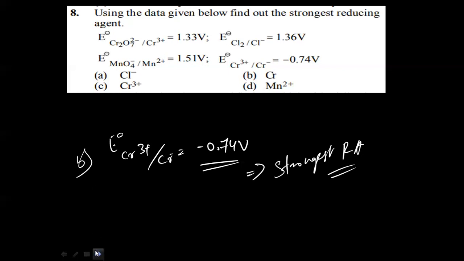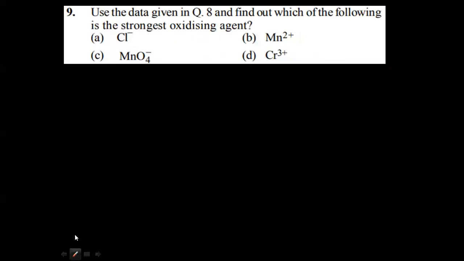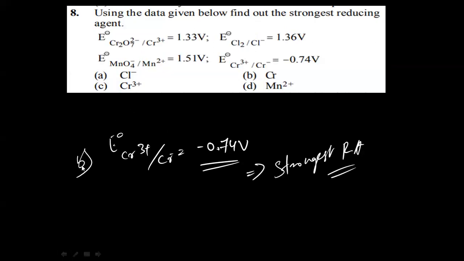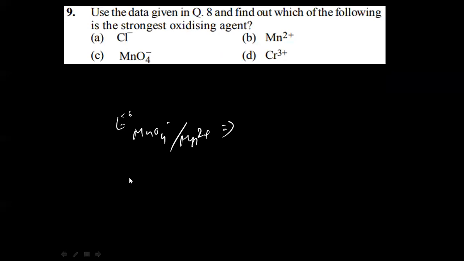In the given data, E naught of MnO4 minus by Mn2 plus has the highest positive value, 1.51 volt, which is maximum among the given data.